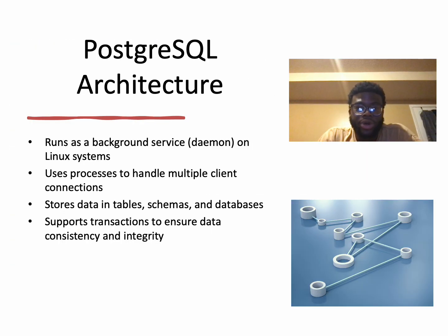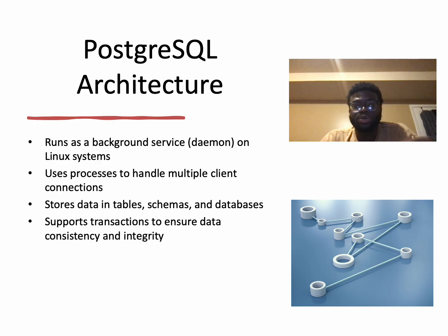PostgreSQL architecture. Basically, it runs as a background service daemon on the Linux system, and it uses processes to handle multiple client connections, because PostgreSQL can handle multiple connections from different people.